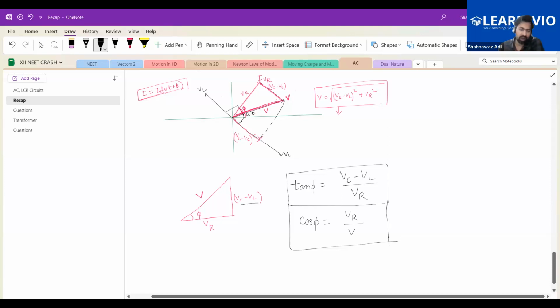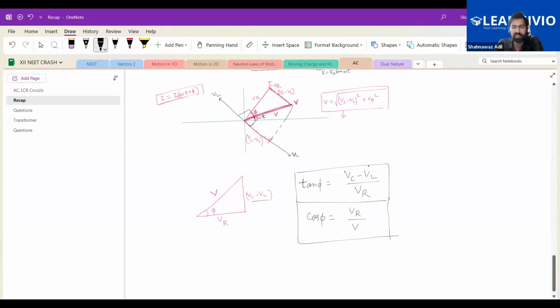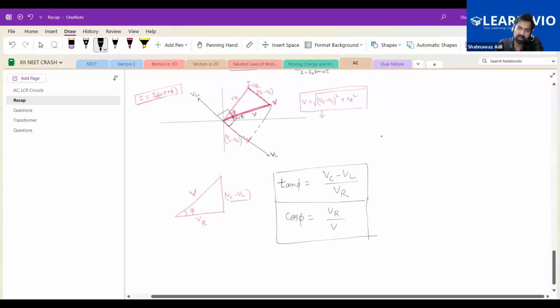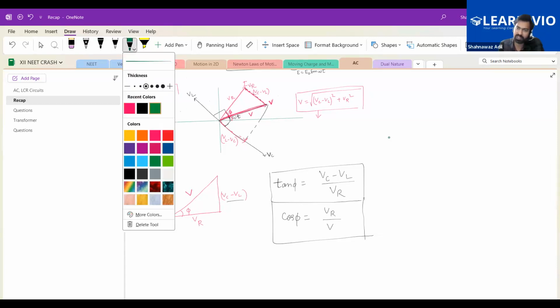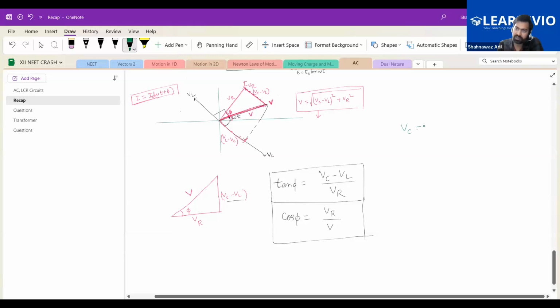Now all these relations are in the voltage form, and we can convert them into the reactance form as well. We know that VC is simply I times XC.